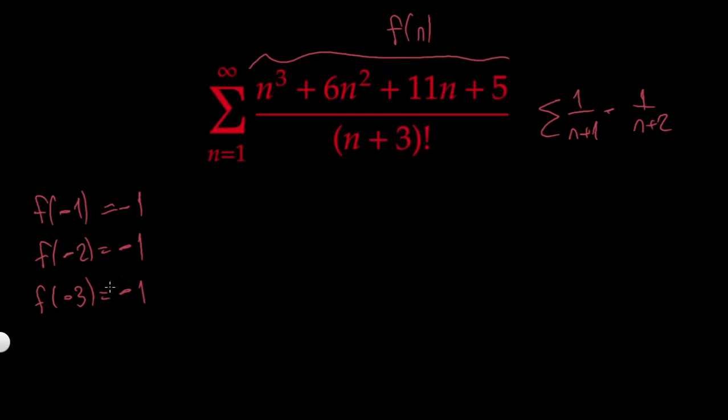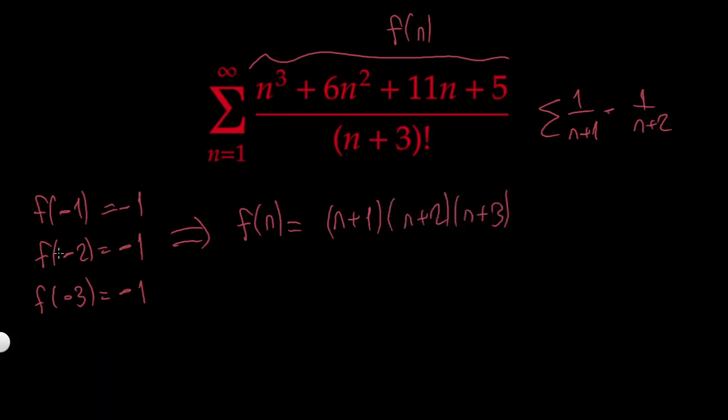Now look, all of these are not roots, but if I had plus 1, all of these would be roots. So I have n plus 1. If all of these were 0, I would just say fn is n plus 1, n plus 2, n plus 3, and I would be done. But all of these are equal to minus 1.